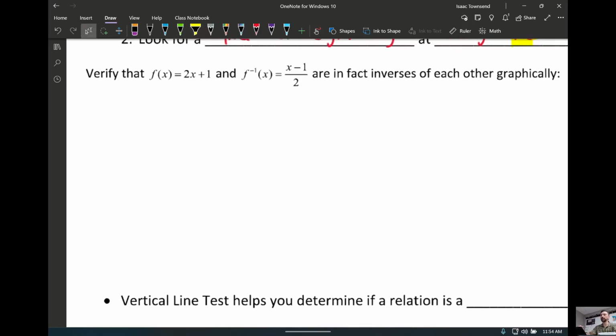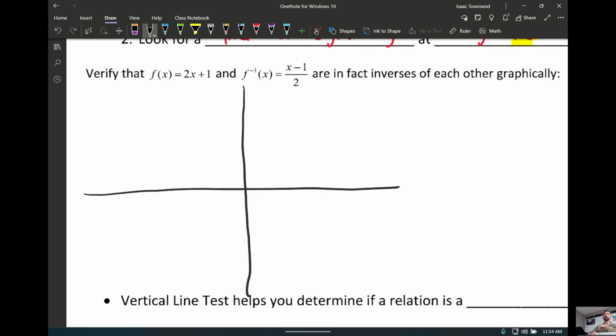Let's go ahead and try to graph both of these, and for your notes here, you want this to be as accurate as possible. It's a little easier to see what you need to get out of this. Okay, so if we graph 2x plus 1, that has a y-intercept of 1 and a slope of 2.